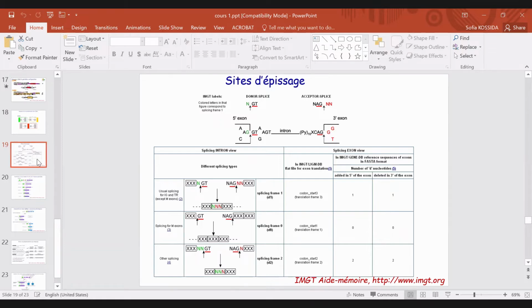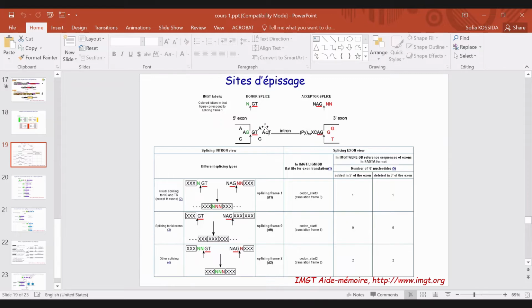So basically, I hope the different types of splicing are clear. You always need to find first the donor splice, then the acceptor splice, and you need to look at what is going on at the 5' and at the 3' of this GT and AG respectively.